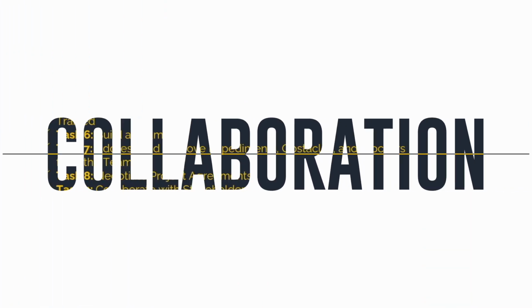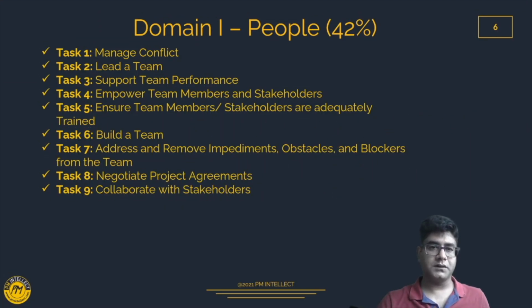The next, or the ninth, task is collaborate with stakeholders. Collaboration with stakeholders is very important and critical because 90% of the project manager's time goes into collaborating with stakeholders. To start with, the important thing is to identify the stakeholders, discuss and understand the requirements or expectations they have.